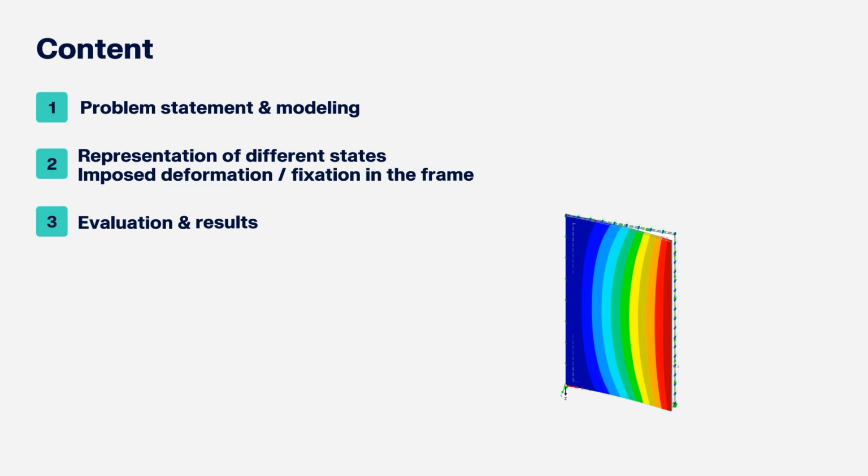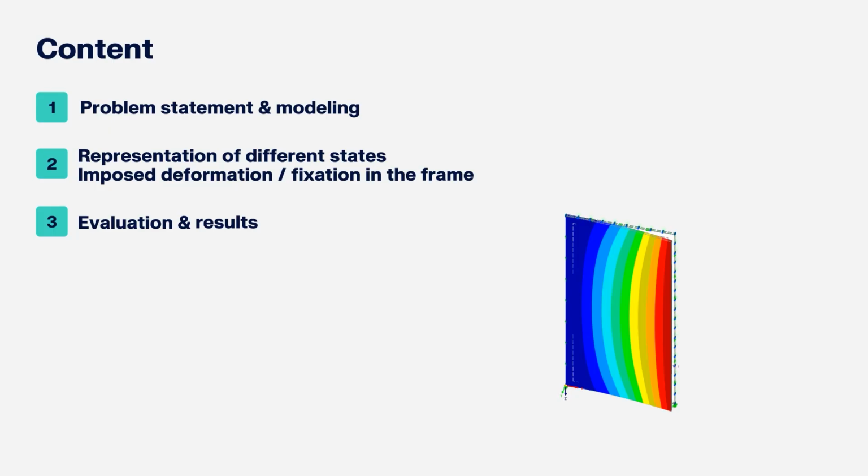The second case I could imagine is that mistakes were made during the installation and maybe the facade should be plane, but it isn't. So I have small differences to a plane state, and I have to consider these stresses additionally to my other loadings.